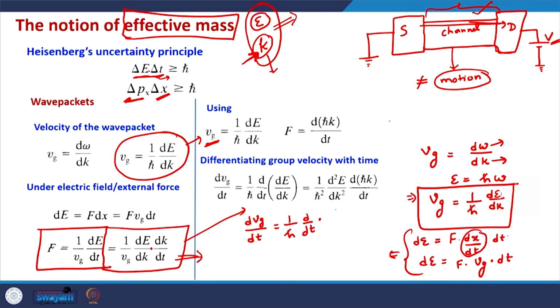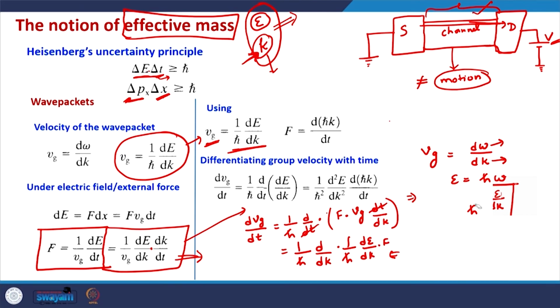This dE by dk can be written as F times Vg, where Vg we write as dE by dk, dt goes away, 1 by h bar d by dk, by writing Vg as 1 by h bar dE by dk times F.